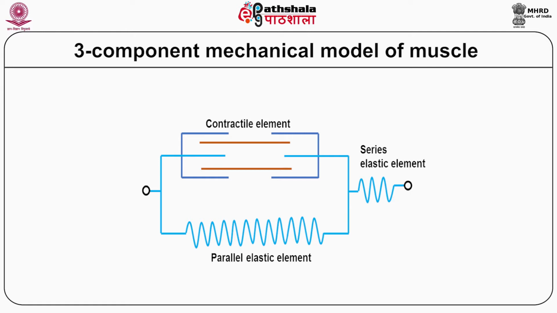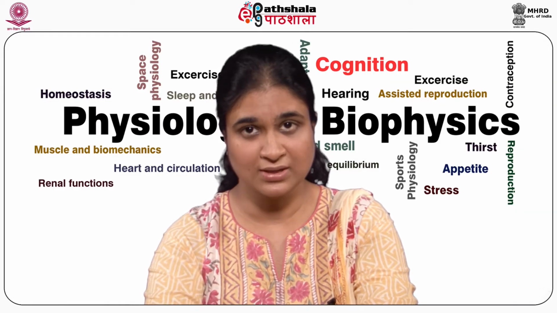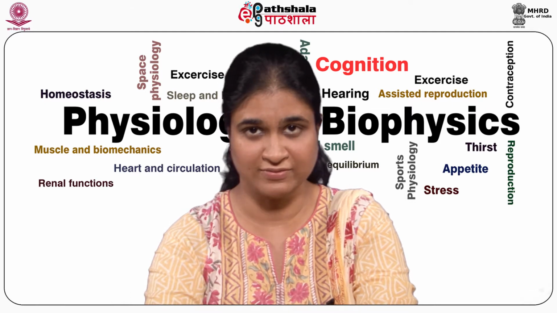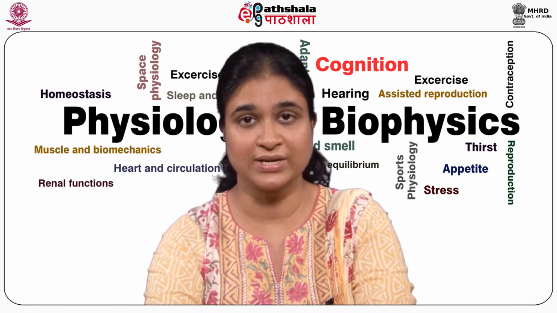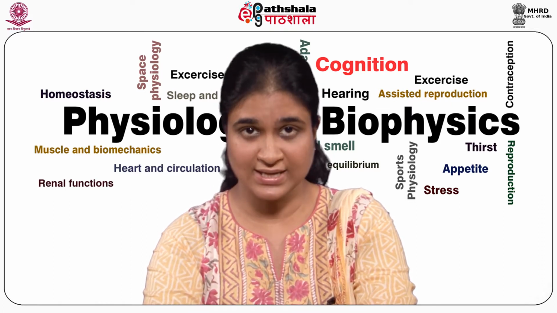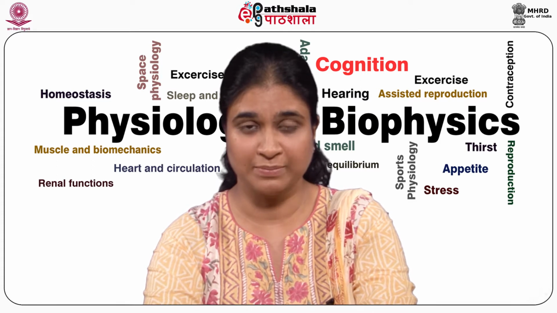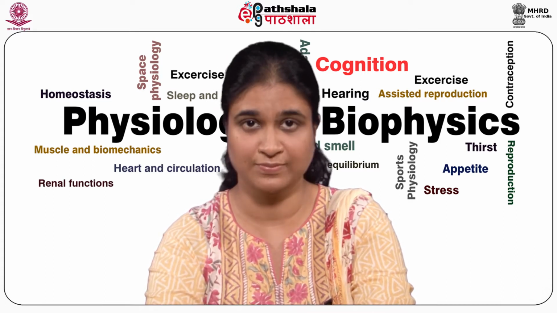You can see in this figure it consists of three elements: the contractile element, the series elastic element and the parallel elastic element. Contractile elements seen in red consist of thick and thin filaments that interact through cross-bridge cycling and generate force or active tension, while elastic elements contribute to the development of passive tension in the muscle when they are stretched.